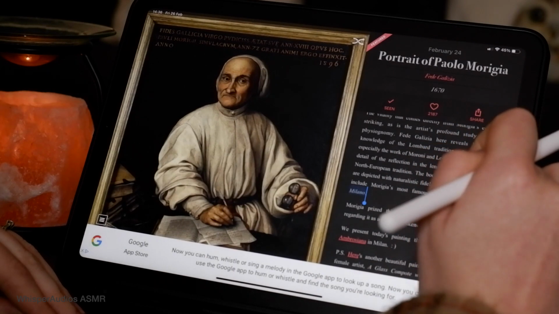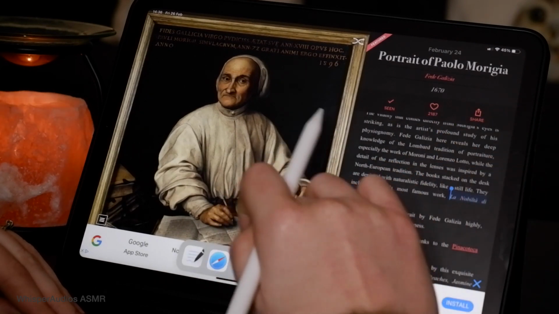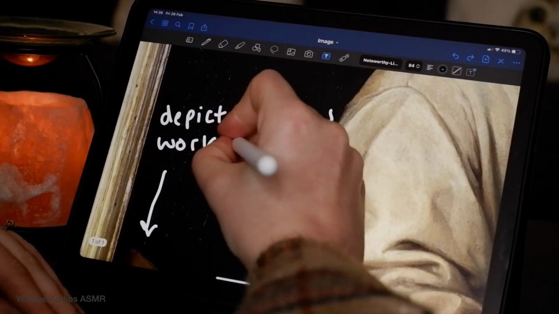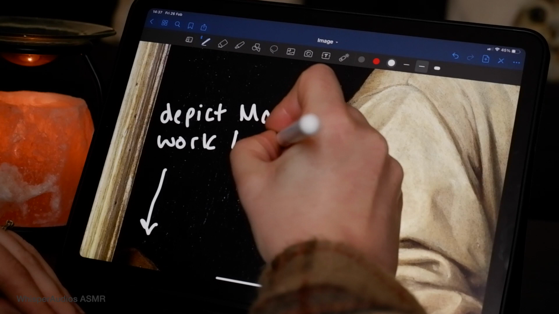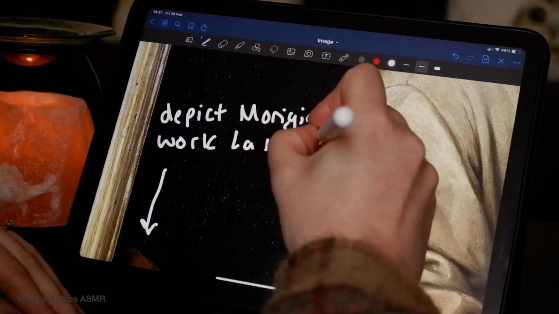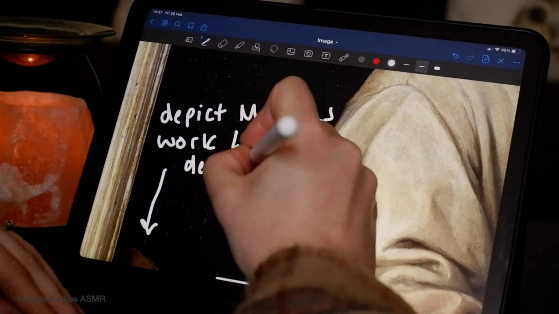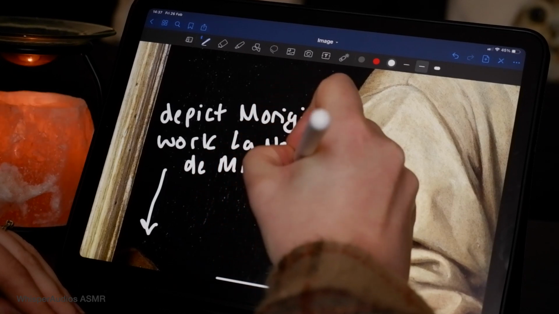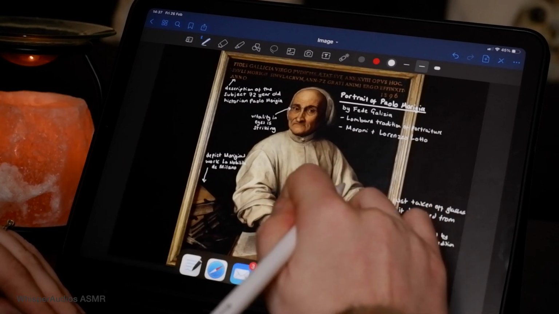Morriga's work, La Nobilità di Milano. I apologize for any bad spelling. Okay.